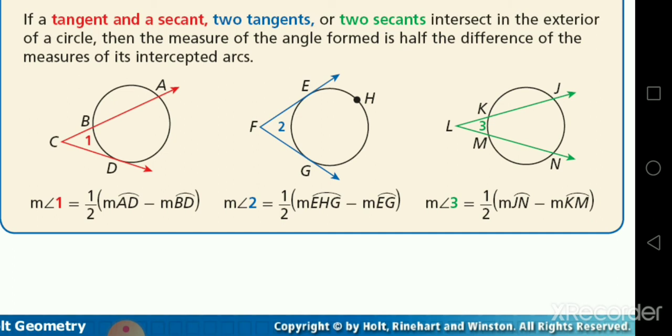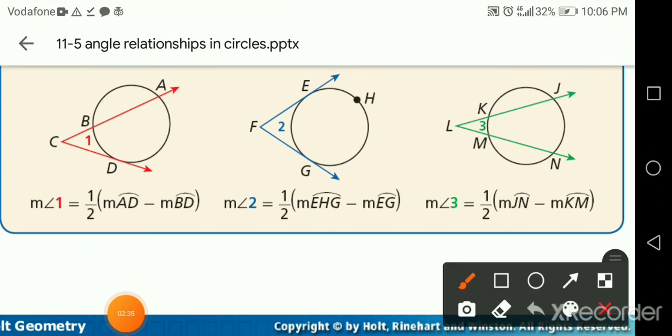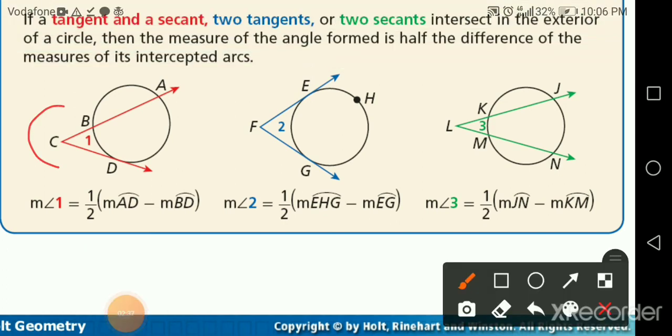We have another theorem here. If a tangent and a secant, two tangents, or two secants intersect in the exterior of a circle, so we have the intersection outside the circle, then the measure of the angle formed, for example angle 1, is half of the difference between the intercepted arcs.